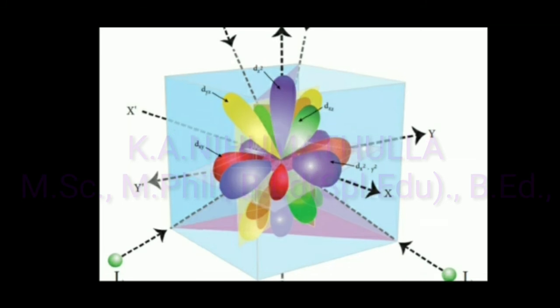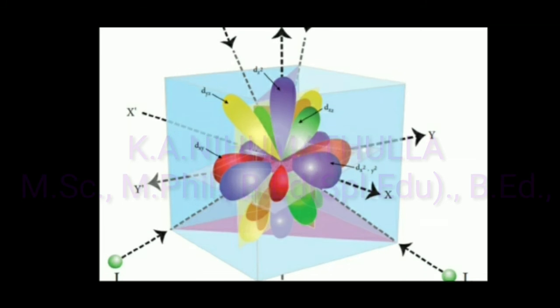As a result, what happens? The energy of the T2g orbitals increases by 2 by 5 delta T and the energy of the Eg orbitals decreases by 3 by 5 delta T. When compared to the octahedral field, this splitting is inverted and the splitting energy is less.